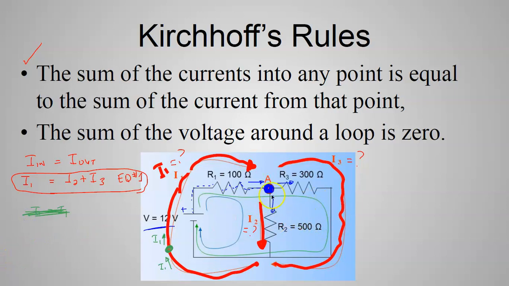I could pick any other point that I want. This one might be a good choice here. If I pick that point, I've got I2 coming in and I3 coming in and I1 going out. So if I write that equation, I'd have I2 plus I3, those both flow into the green point, and I1 goes out.